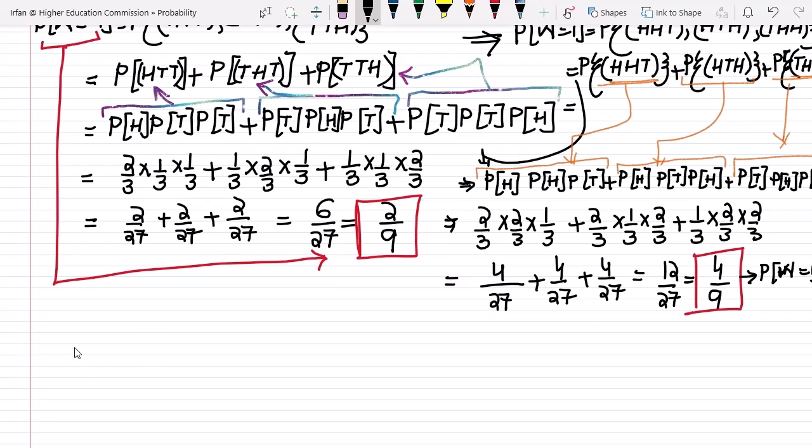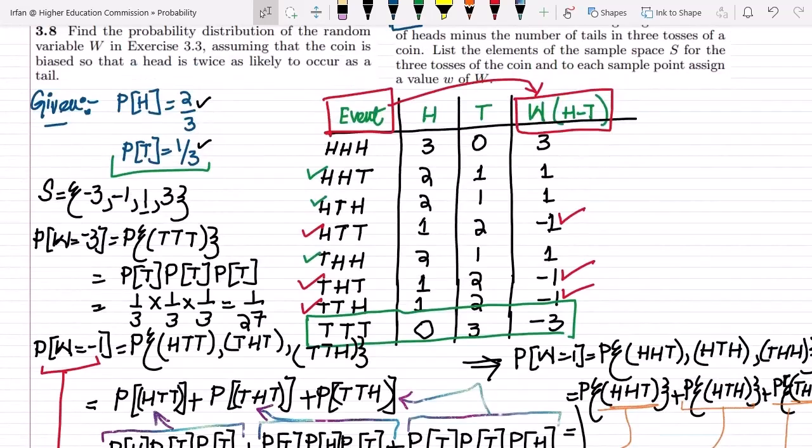The last one here is to find the probability that W is 3. This is the only one where we had 3 heads: heads, heads, heads. You can also see in the table that this is the only one where the value is 3.